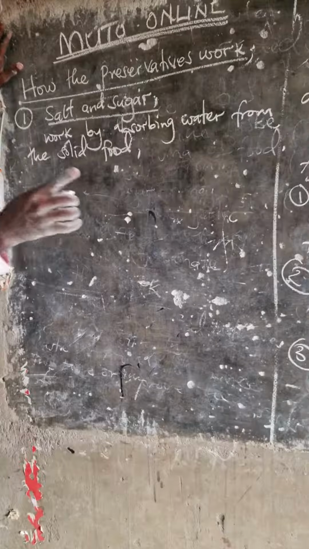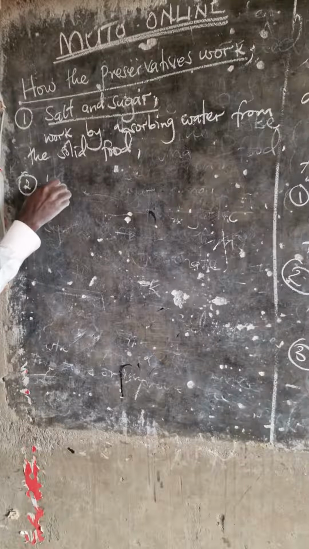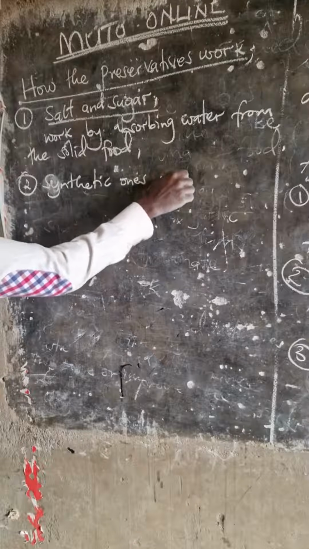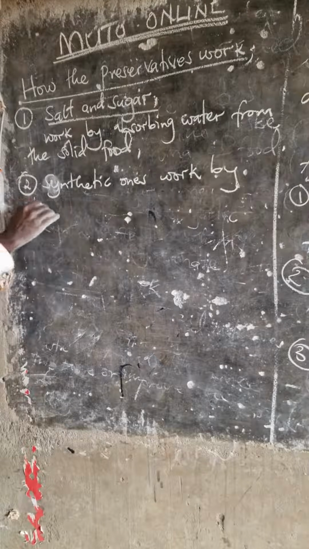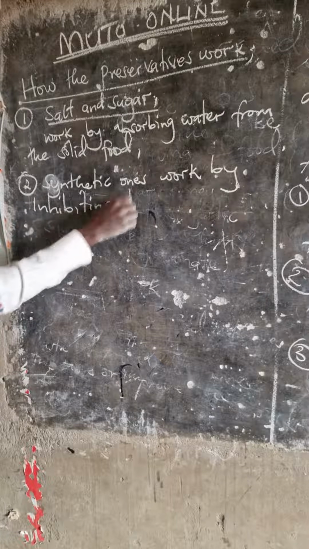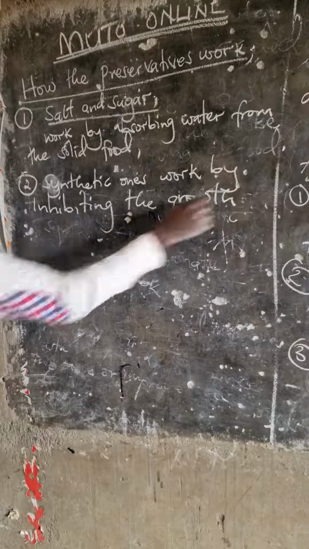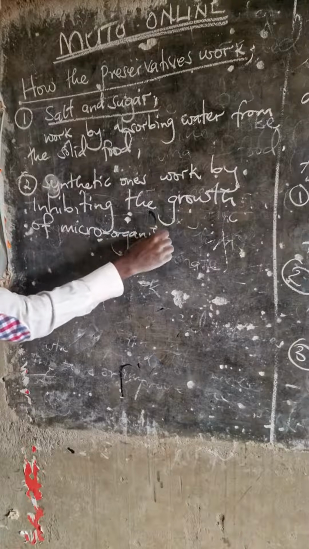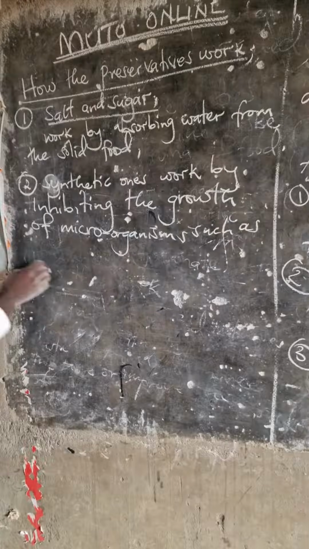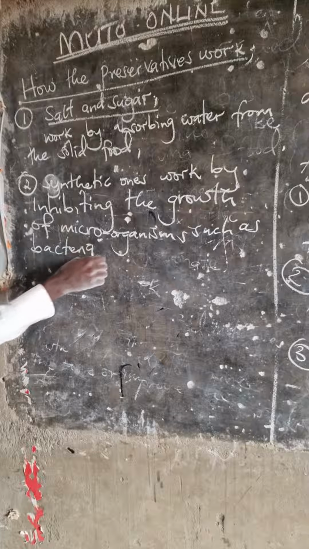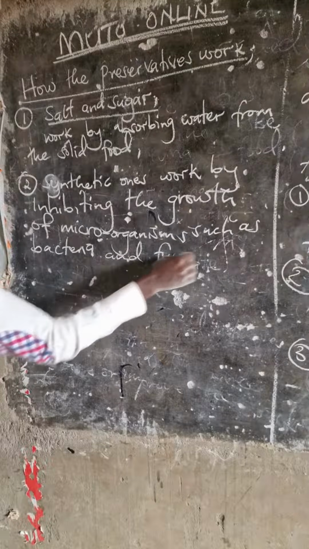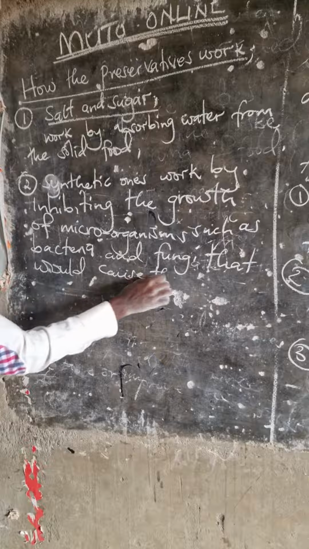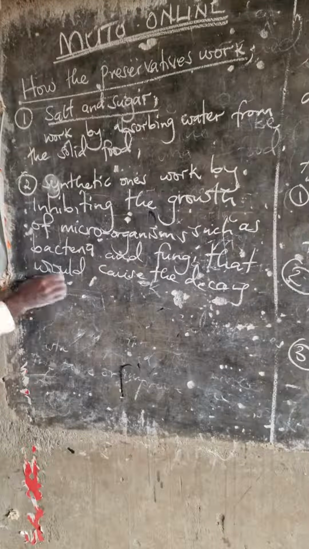But the synthetic ones work by inhibiting the growth of microorganisms such as bacteria and fungi that would cause the decay of the food.